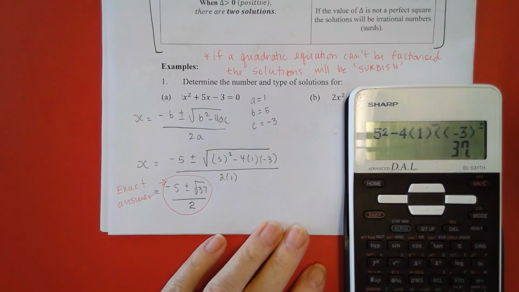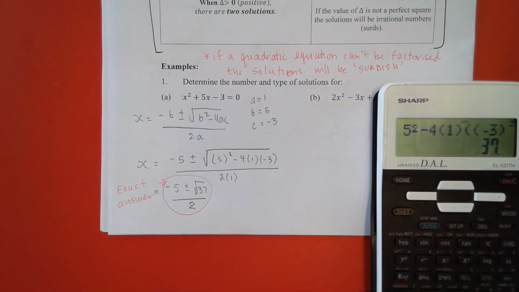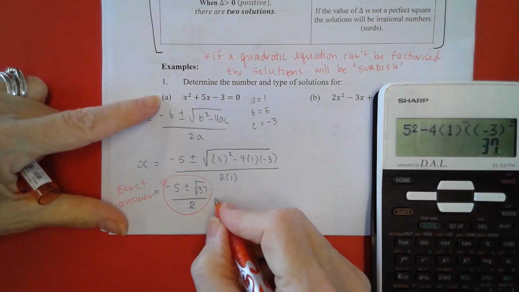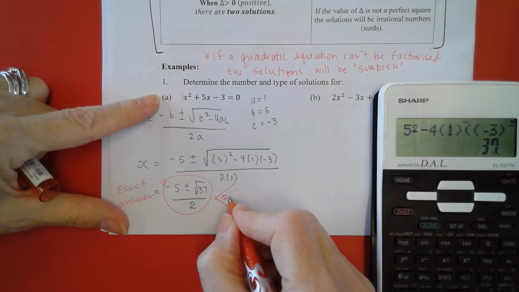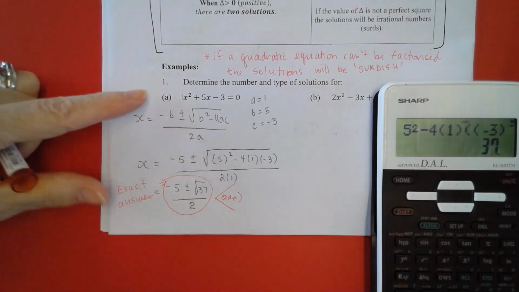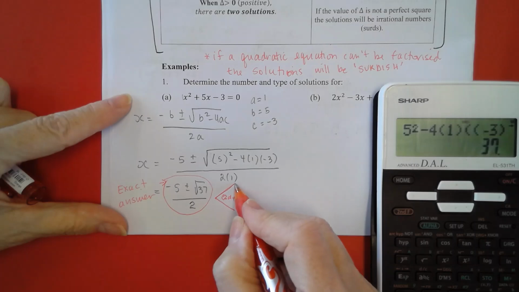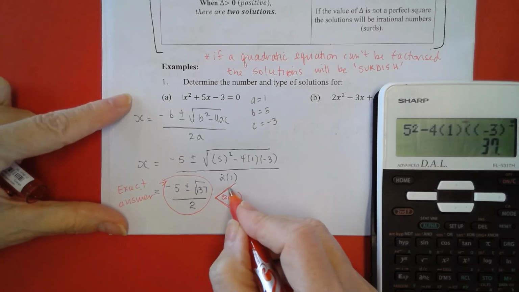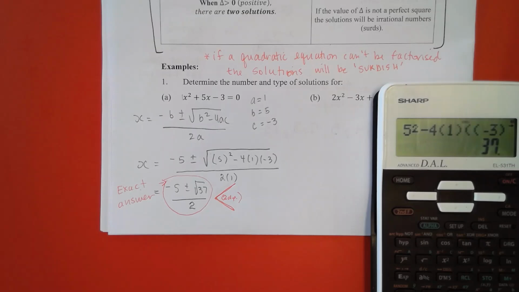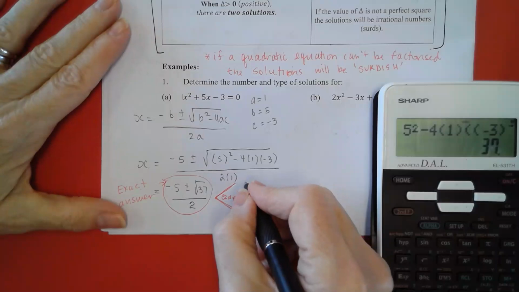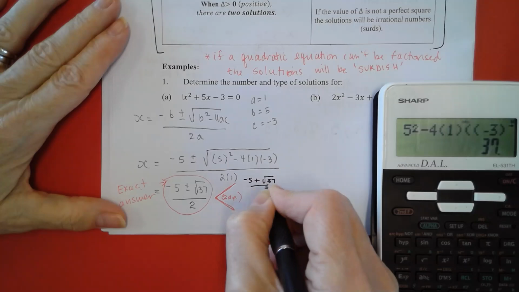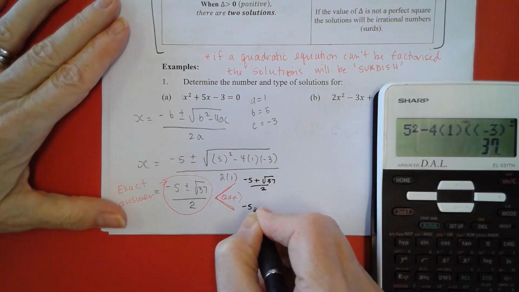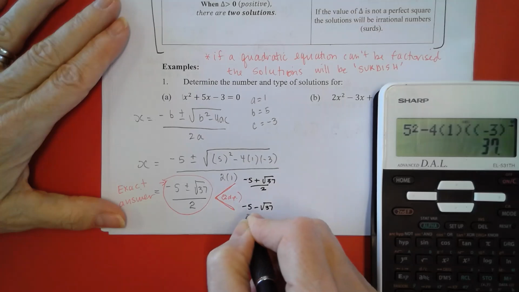Right. What if they say to 2 decimal places? Okay, if they ask me to 2 decimal places, then I have to use the plus or minus. And I have to say, okay, I'm really getting negative 5 plus the square root of 37 divided by 2, and negative 5 minus the square root of 37 divided by 2.